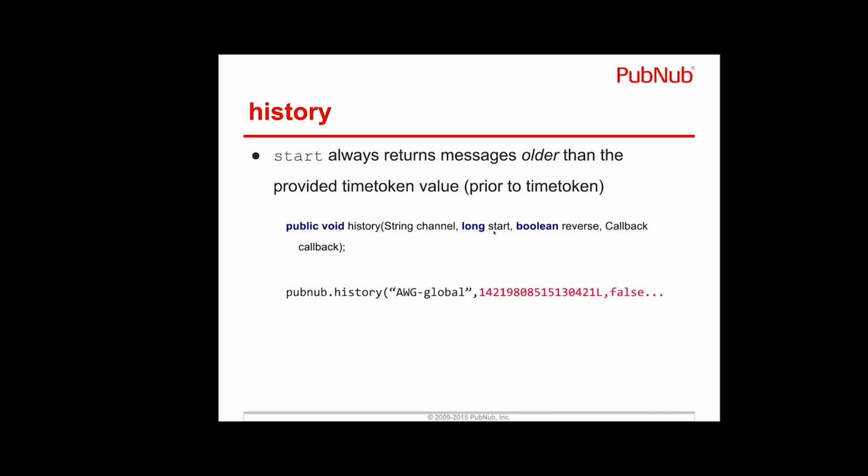So if I pass in this value here, which is the 142198, etc., as the parameter for the history call, it's going to return messages older than that, but not any message that was sent at that particular time. So if you want to get that message plus messages that are older, you want to increment your time token by 1 or 2, and then you would get that message as well. But it's only going to return the messages older than that time token.